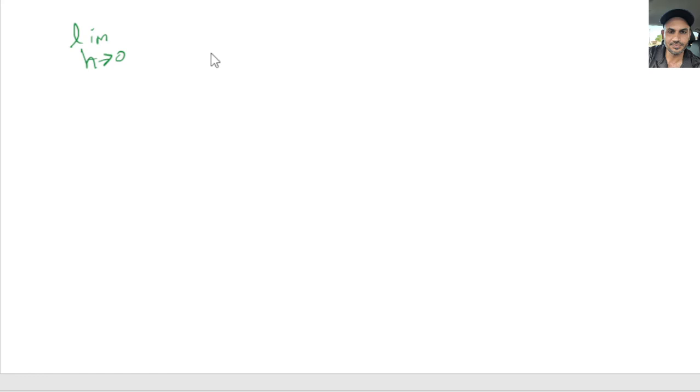Now we are left with 2hx in the numerator plus h squared minus 2h. That was our numerator after simplifying.